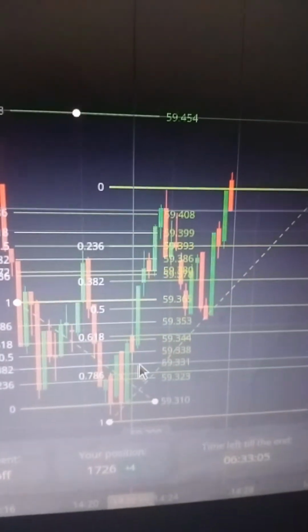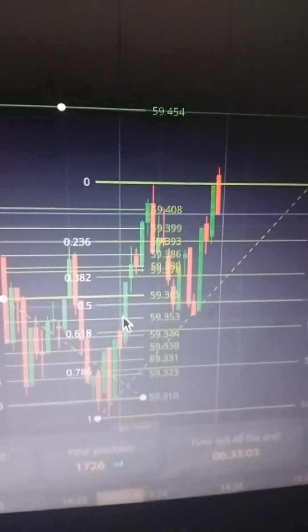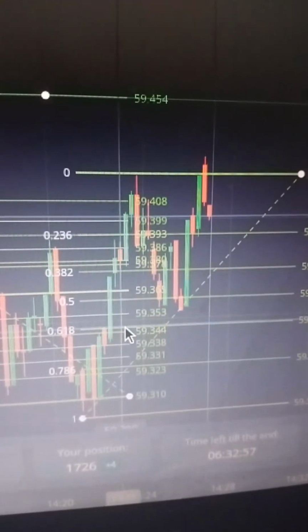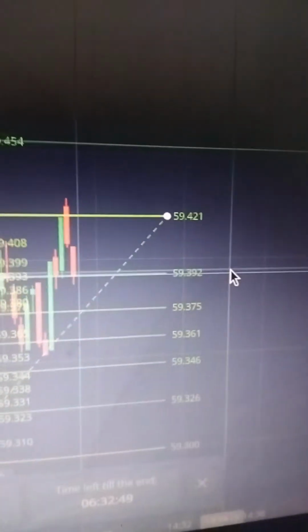In this case, we have reacted off an imbalance here. So if price now taps this zone, this imbalance right there, I will be long. Okay, so price is coming.